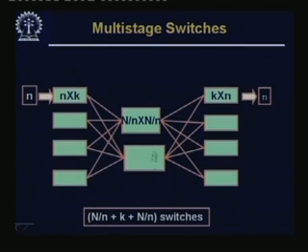So, there are k of them here. There are capital N by n switch modules on this first stage, k modules in the second stage, and again capital N by n modules in the last stage, the third stage. So, you have N by n plus k plus N by n modules in all.